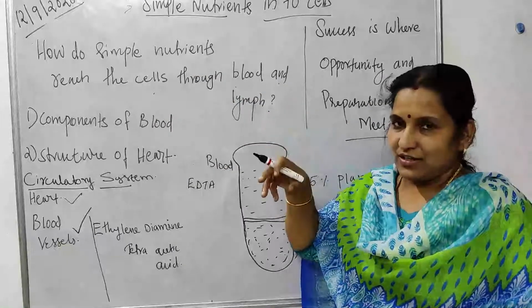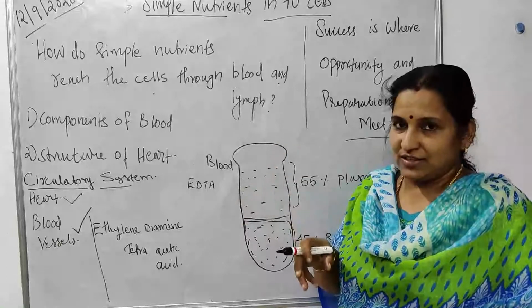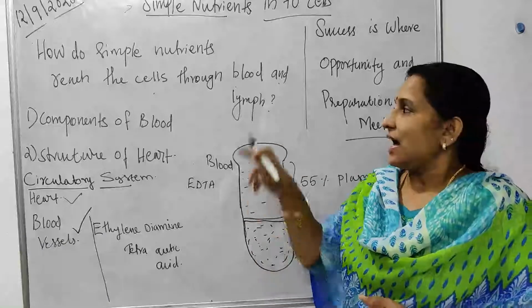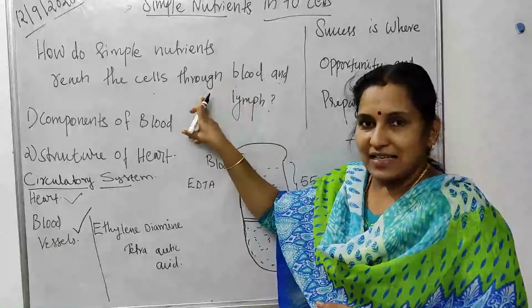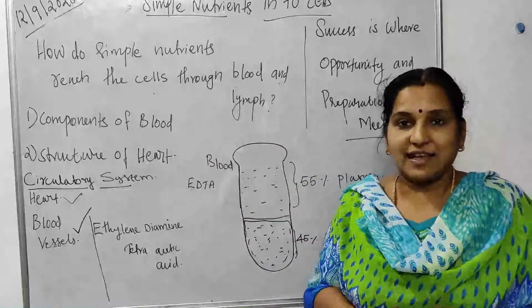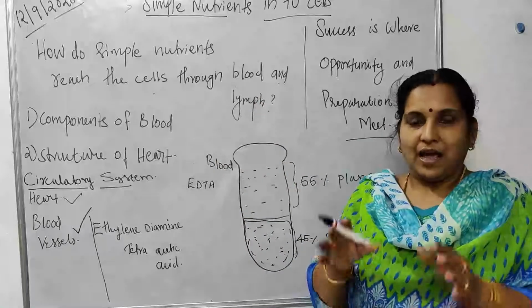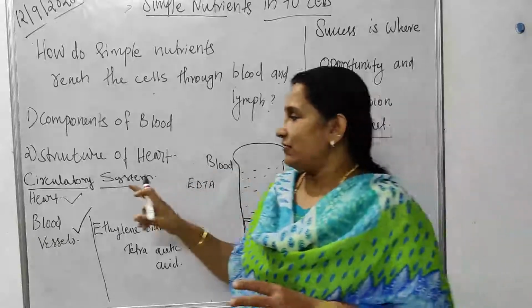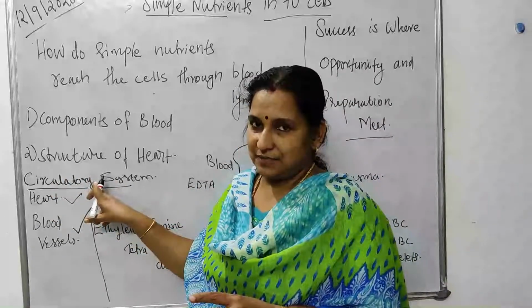Actually, from the small intestine, with the help of the villi, the simpler nutrients reach the blood and lymph that carry them to different parts of our body, as we have studied. This process is done with the help of the circulatory system.